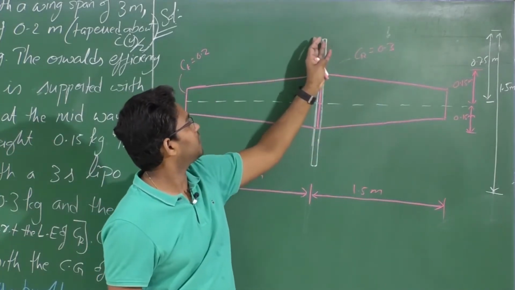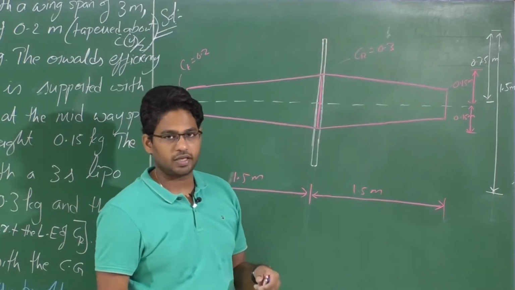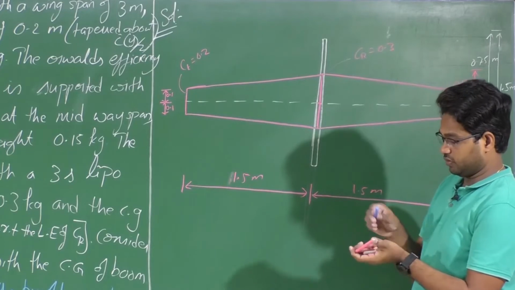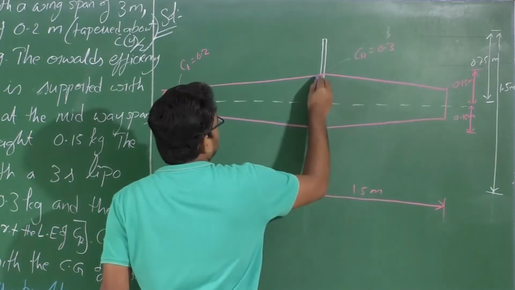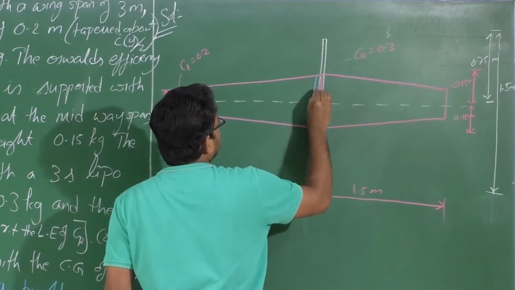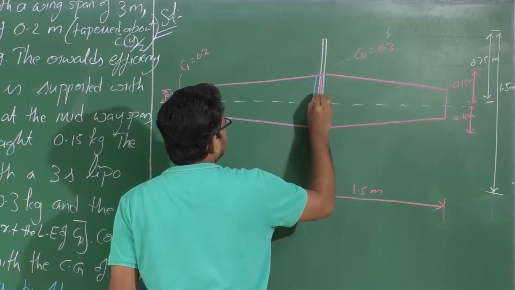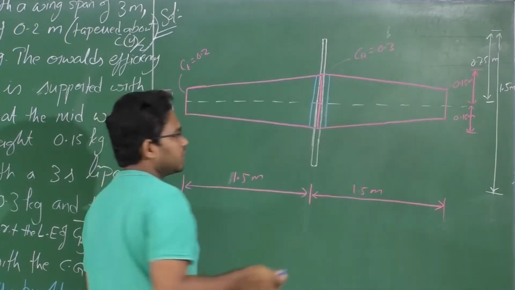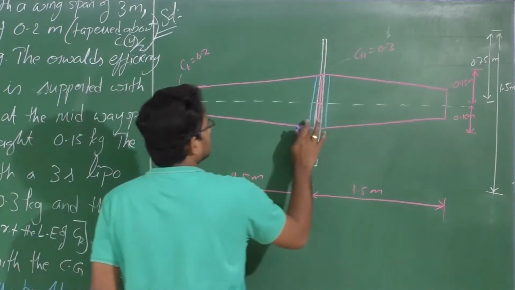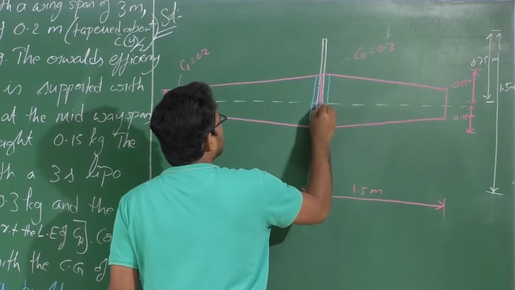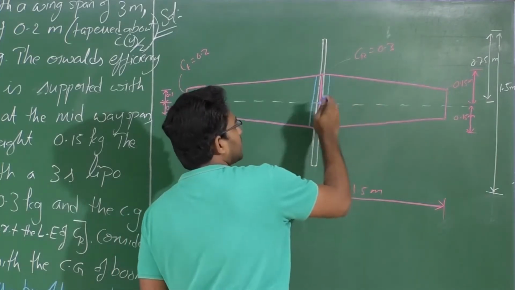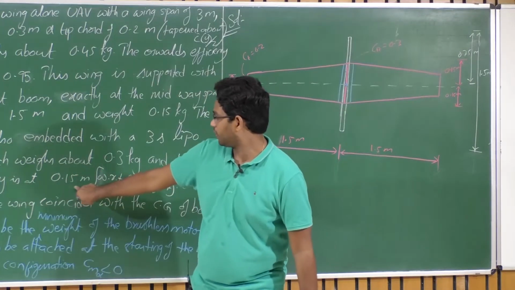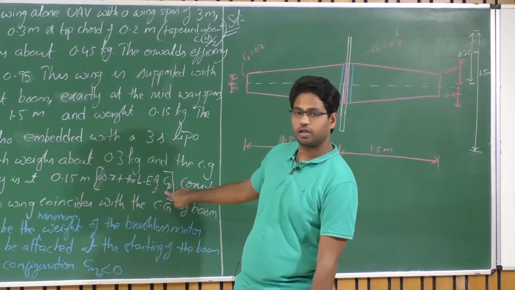Now we need to attach a motor to this boom such that the CG of this entire configuration is at the desired location. And to add this point as well, there is a battery. Let us say the weight must be distributed. The CG of this battery also coincides with the CG of the entire system, because it was given that the CG of the battery is at 0.15 meters with respect to the leading edge of the root chord.